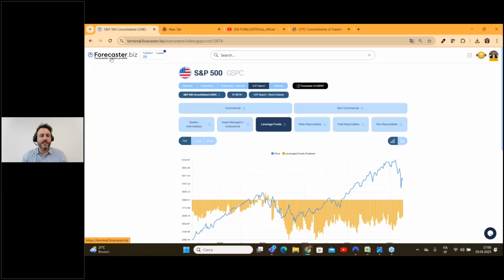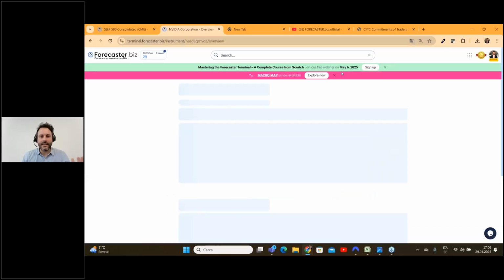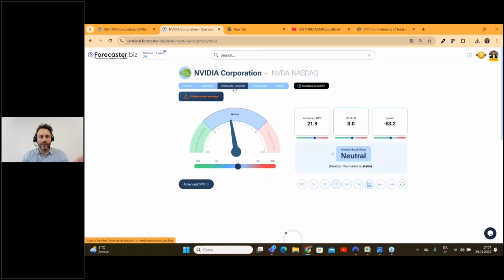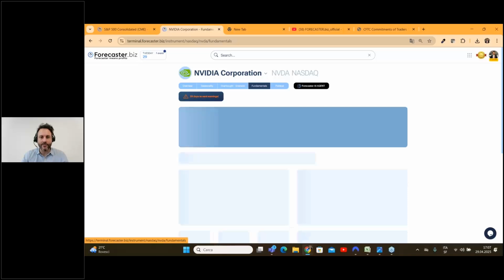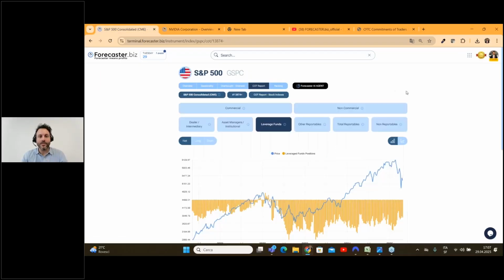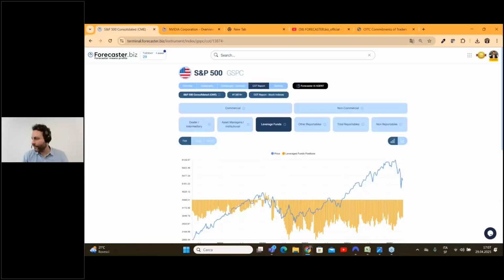For example, if you go on the Nvidia page, of course you can find the seasonality, the overbought and oversold, the fundamentals, and the political page with all the trades from United States politicians, but of course you cannot find the COT report, because Nvidia is not a listed future, and so we do not have a COT report for Nvidia.